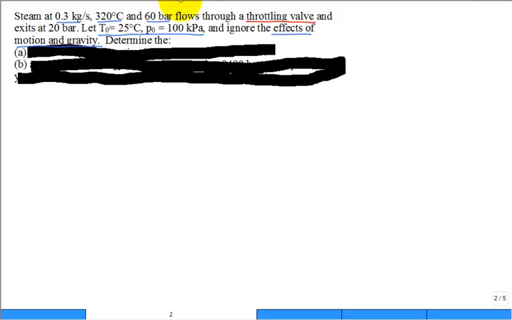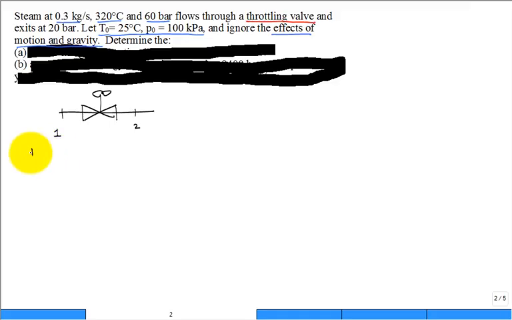And so maybe we organize the information. Maybe we make a sketch. Is that a good sketch of a throttling valve? Sometimes you put a little like what controls it up here. So inlet state 1, outlet state 2. Make your traditional list of properties because you're working with states.